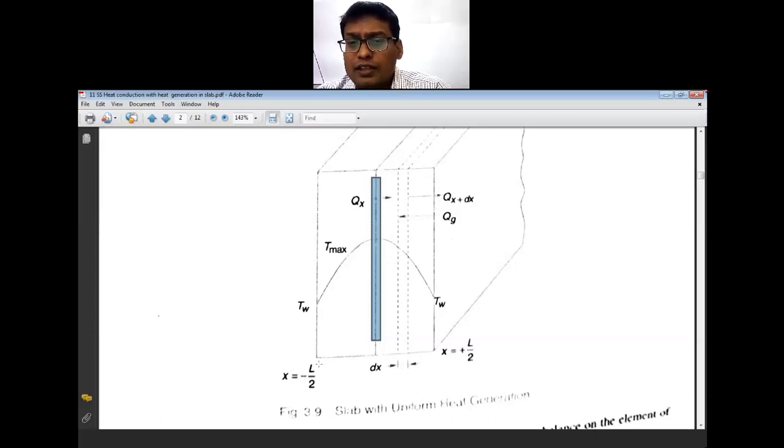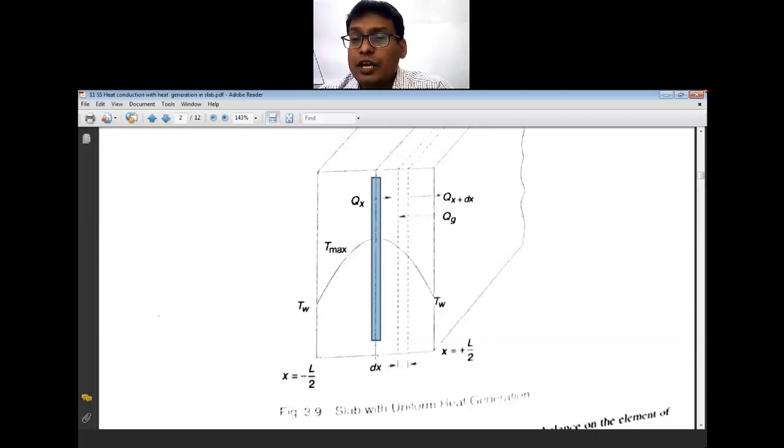The total length of the slab is L. The distance we are taking is at the center, x equals 0. Remember that at the center x equals 0.